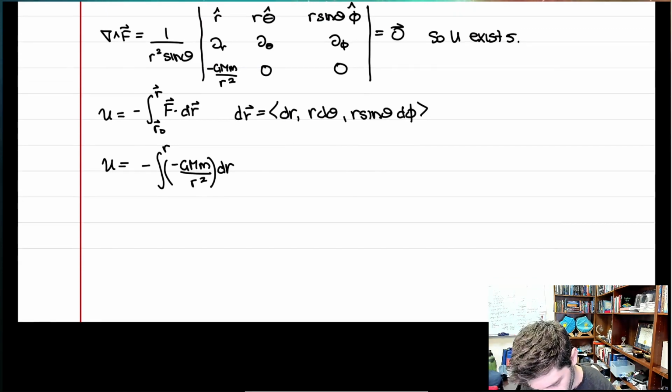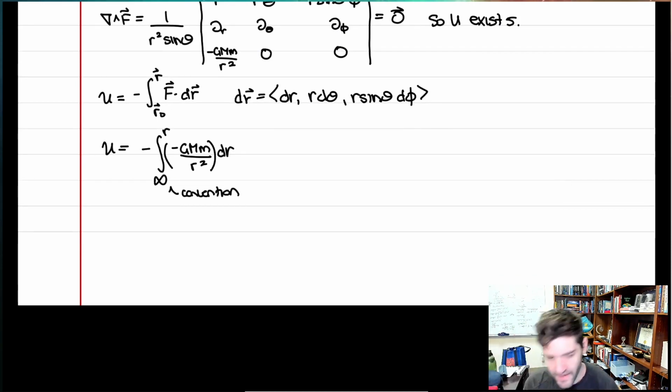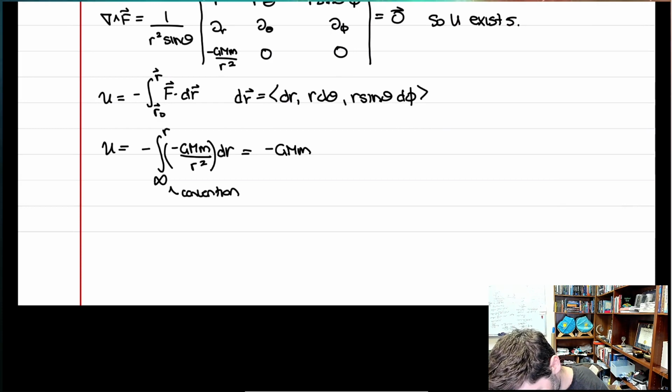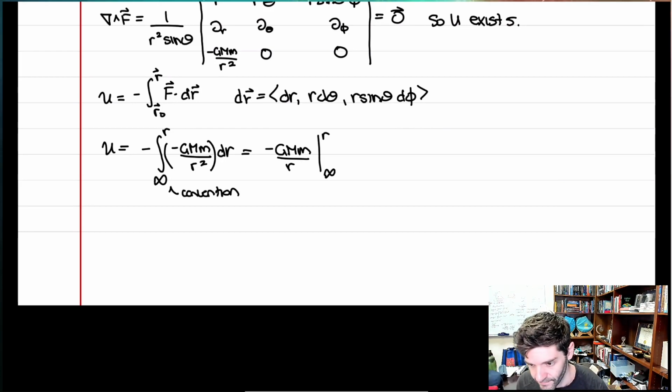So the convention is to actually use infinity as the reference point, or a value of r that is so absurdly large and far away from where all the action is happening. So in that case, the negative signs cancel, but then I integrate a polynomial with a derivative. So this looks like it's negative G big M little m over r, ending at r and starting at infinity. So coming in from infinity to your location.